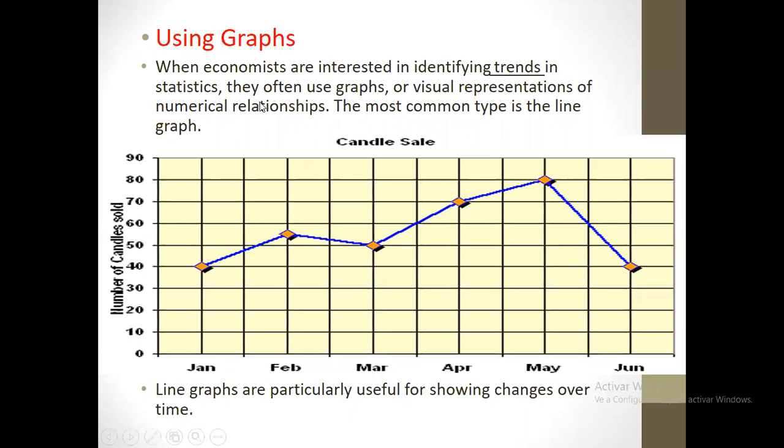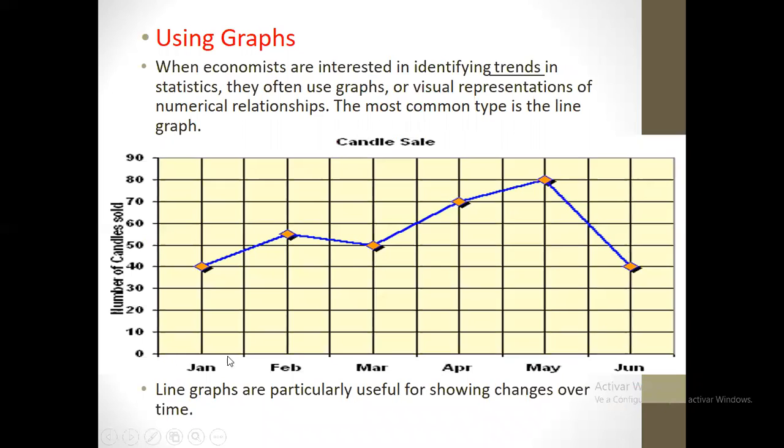In statistics, they often use graphs or visual representations of numerical relationships. The most common type is the line graph. This is an example of a line graph. This type of graphic is used for a specific purpose. Line graphics are particularly useful for showing changes over time.